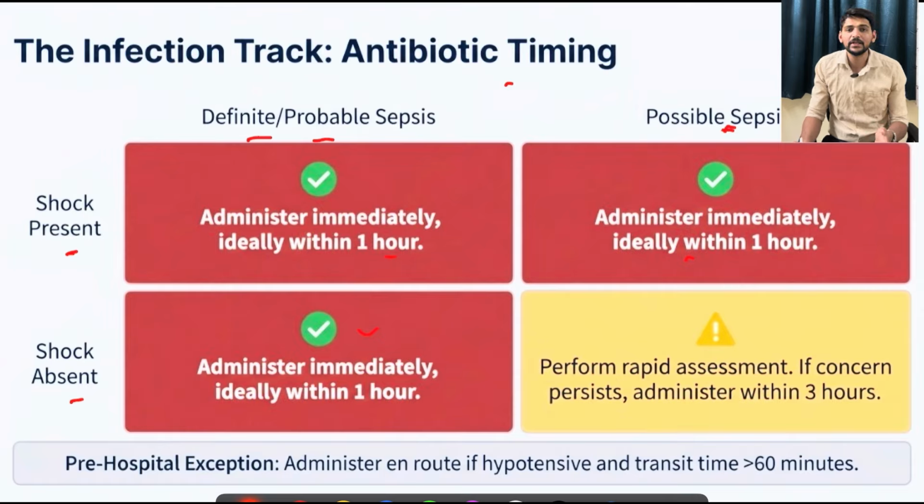If there is a possibility of sepsis but you are in doubt, then we can take some time and administer if required within 3 hours. This is the overall point. But what we have seen in numerous cases is that giving the antibiotic within the first hour is very, very helpful. If you find that it is not sepsis, just some other inflammatory condition, you can de-escalate it. No harm in that.